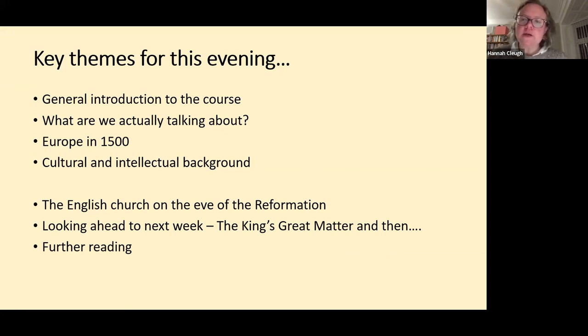But it's quite hard to know, particularly in the earliest period, how to talk about people who are interested in reforming ideas, showing what we might call reforming tendencies, but certainly aren't confessional Protestants. And so for the early part of the 16th century, especially when we're talking about Henrician England, I'll talk about evangelicals.